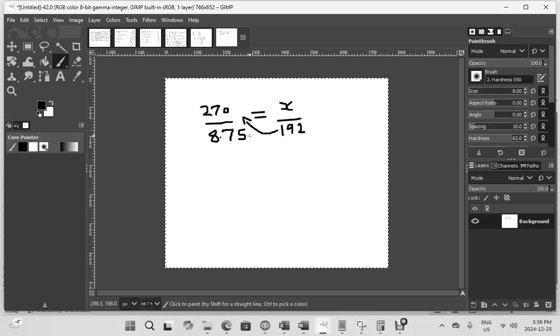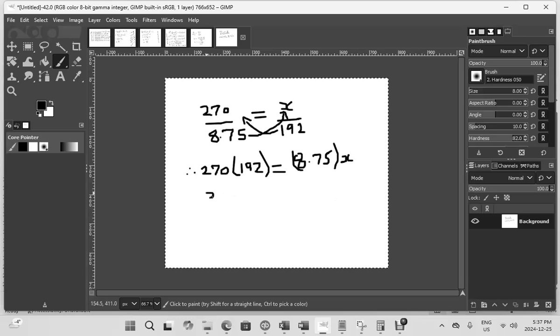And you will bring 8.75 to this side of the equal sign. So 270 times 192 equals 8.75 times x.